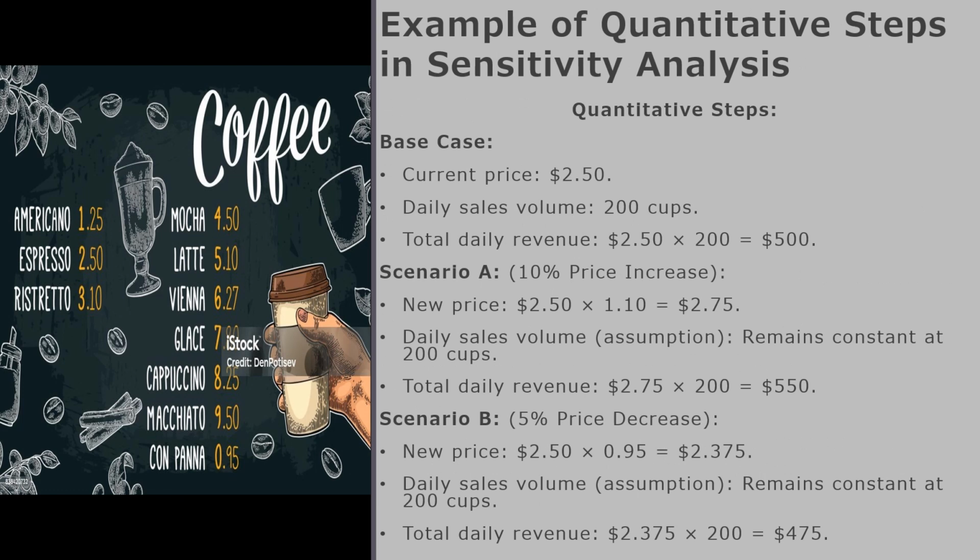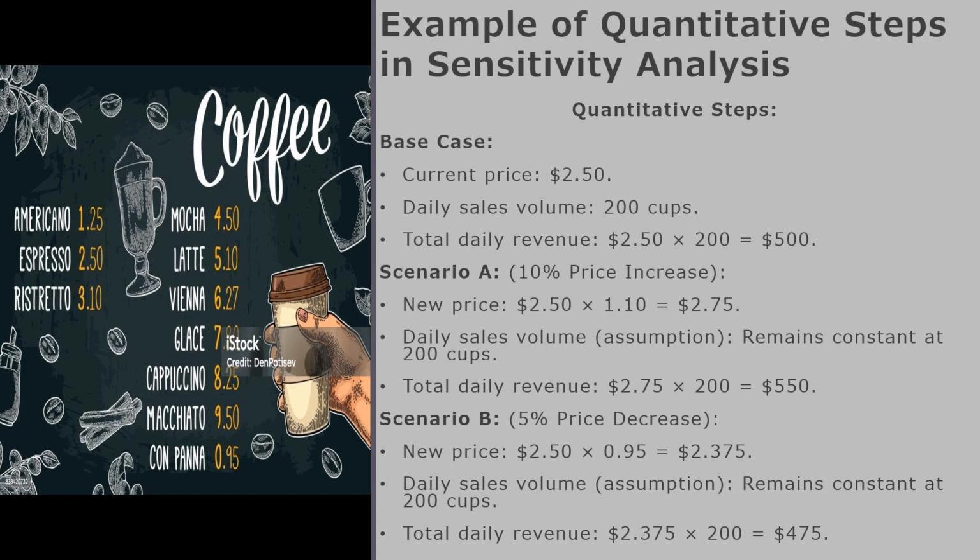Now looking at an example of quantitative steps taken in a sensitivity analysis, we look again at the base case, the current price being $2.50 per cup of espresso coffee, the daily sales volume being 200 cups per day. Thus, the total daily revenue is $500 per day.